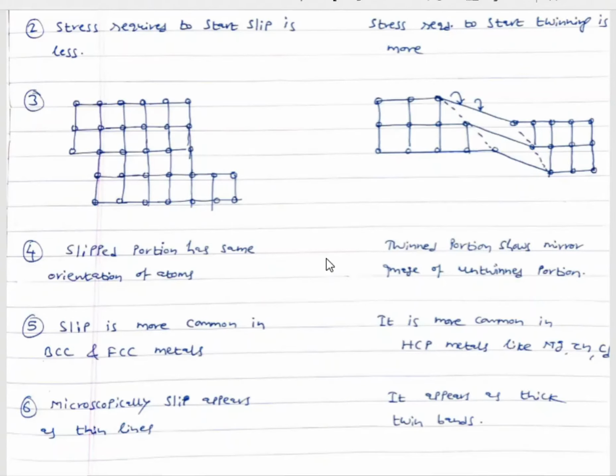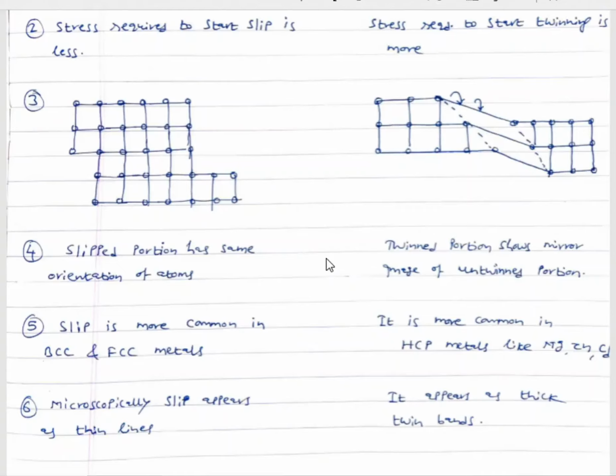These are the planes and directions having the highest atomic density, because it is easy to move the atoms if the plane has the most packing efficiency, if the plane is fully packed with atoms.